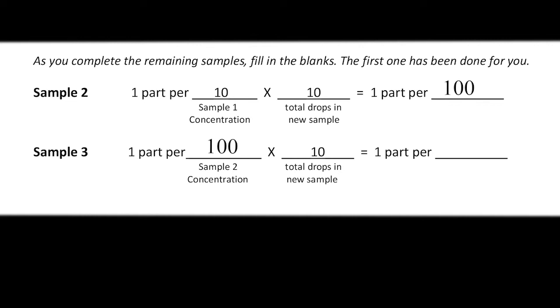We had 1 drop from sample 2 and 9 drops of water, so that equals 10 drops total. 10 times 100 equals 1,000. So the concentration of sample 3 is 1 part per 1,000. Now complete the rest of the samples and the worksheets on your own.